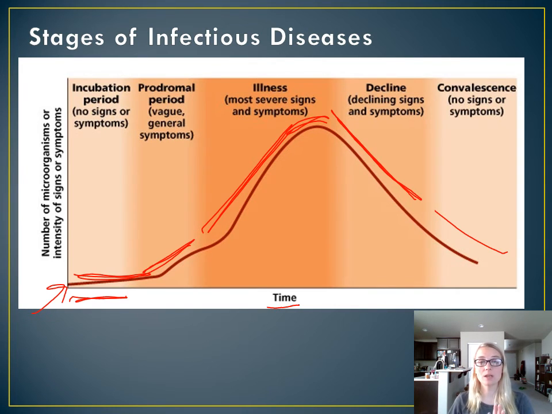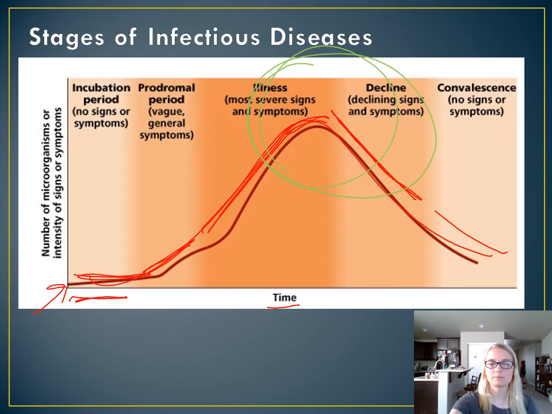In the absence of treatment, most of the time our body can go from one point to the other. It is around this stage here, kind of my big circle, that if your body cannot fight off the pathogen and there's no successful treatment, this is where death can occur.